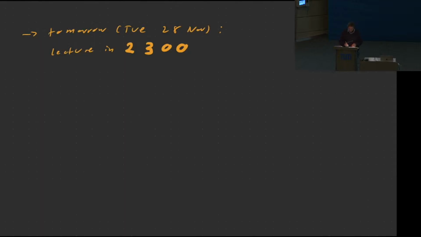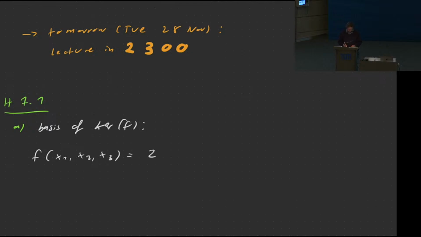Maybe a very quick look at how one could obtain a basis. So for 7.1a, I'll skip the linear part because I think most of you got that right. If I'm interested in a basis of the kernel, what I have to do is find all possible x1, x2, x3 where f of x is equal to 0, right?